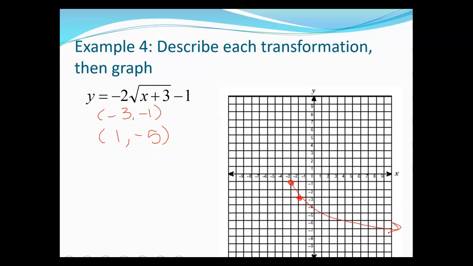How do you get the -1, -3 point? I don't have a -1, -3. I have a -2, -3. Yeah, how do you get that? So that came from my table.